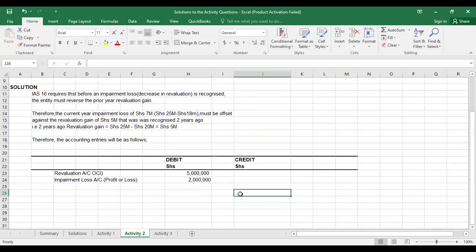Then our land account in our statement of financial position.